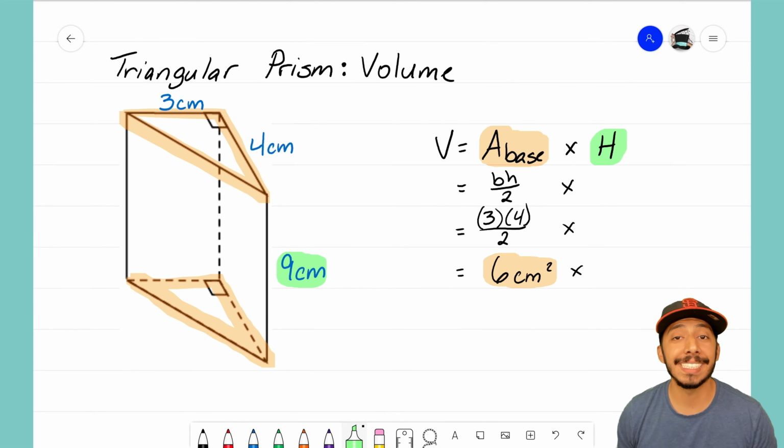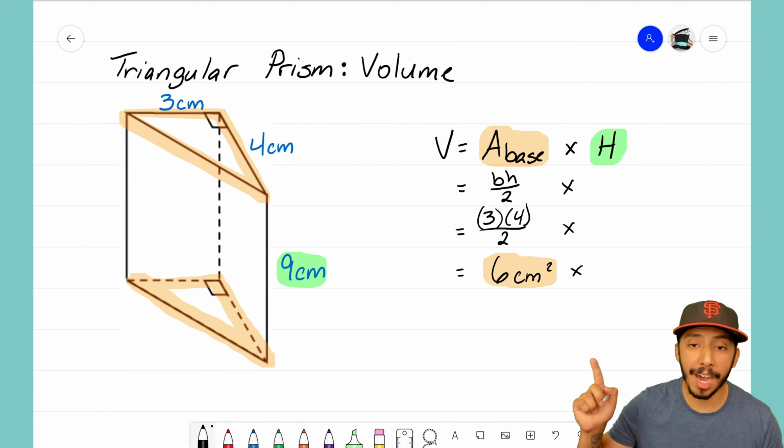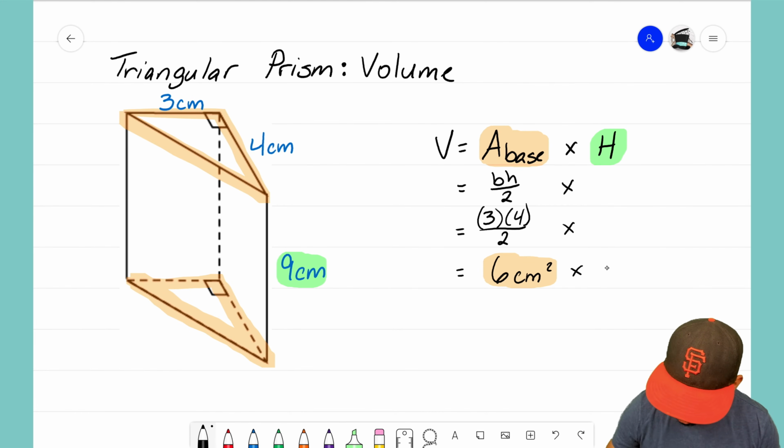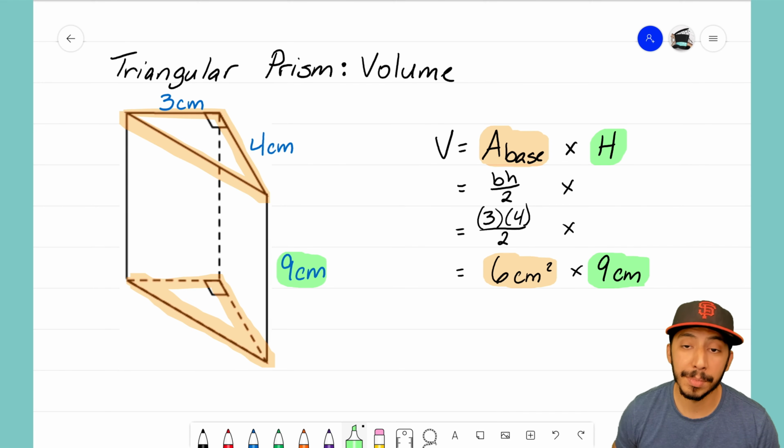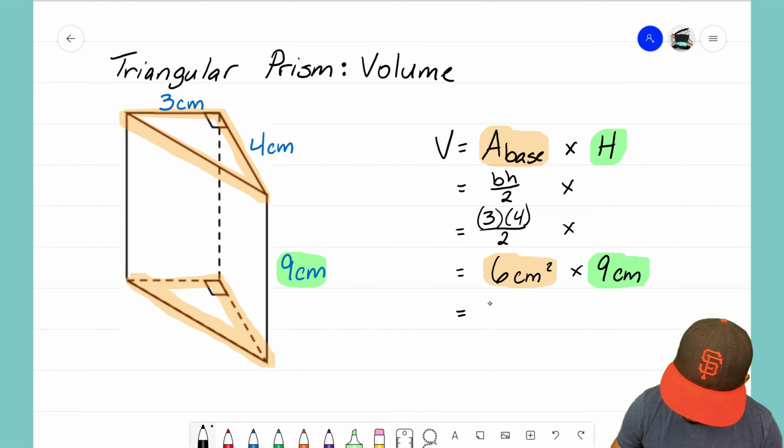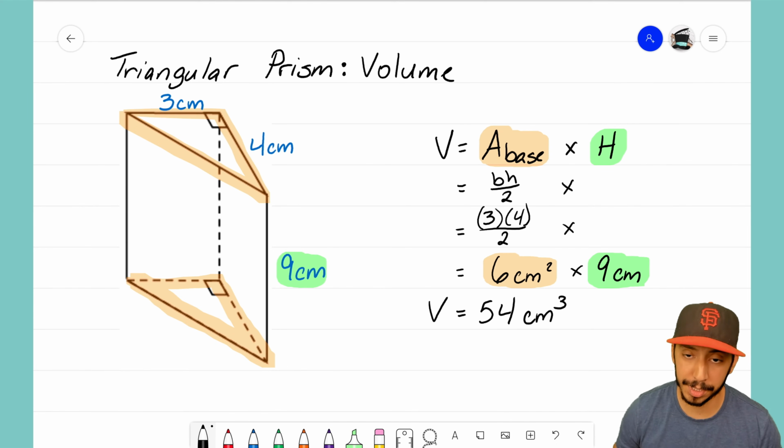That height is 9 centimeters long. So I'm going to take the area of my base triangle and multiply it by the height of our prism, which is 9 centimeters. So 6 times 9 is going to equal 54 centimeters cubed.